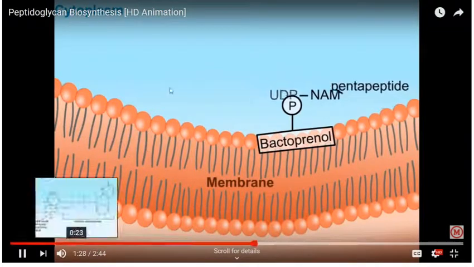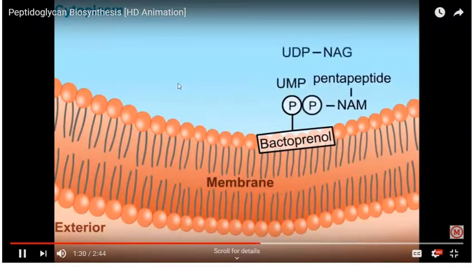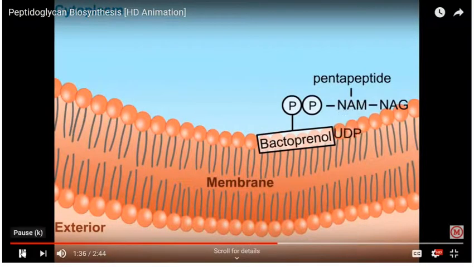So this is outside, this is inside. And then N-acetylglucosamine comes on. So you have this NAM-NAG dimer with the pentapeptide all formed. The repeating subunit is formed inside the bacterial cell. Now it's ready to be flipped around to the other side.